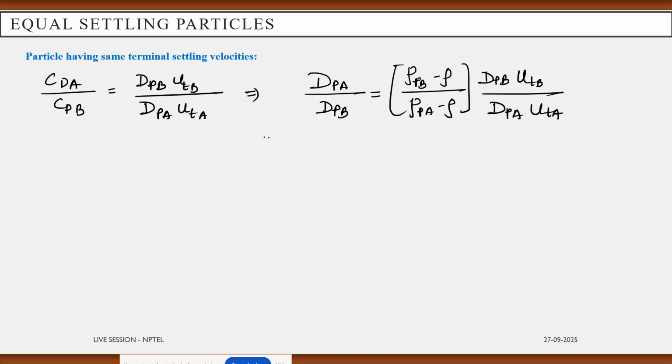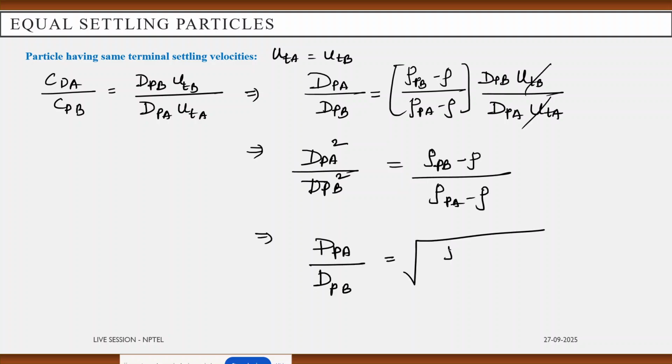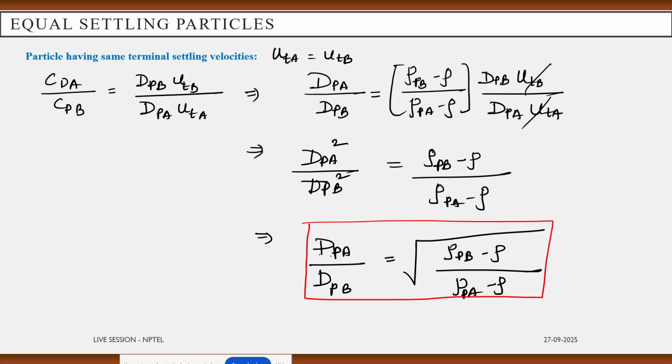After solving, you will get squares, and because these two terms are similar, they will cancel out. So this one is for the laminar flow regime.